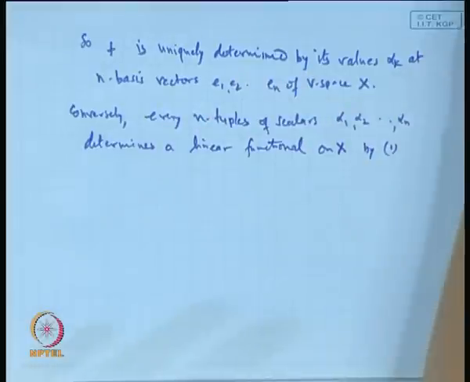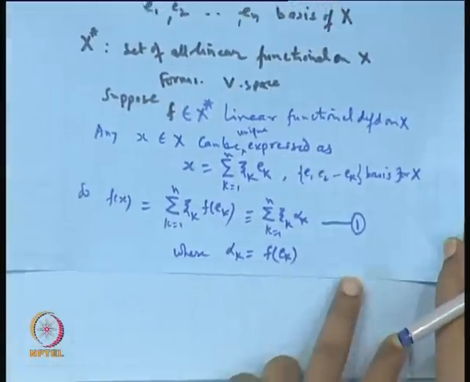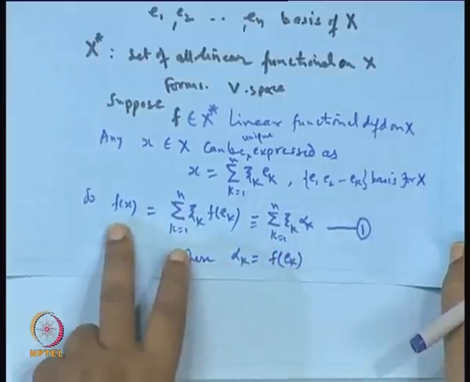By 1, because this is equation 1, and here if we know alpha 1, alpha 2, ..., alpha n, then we can.